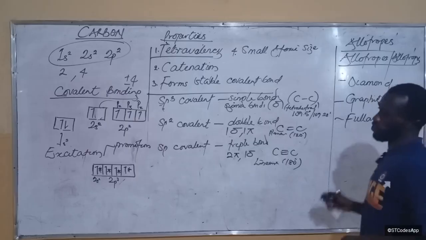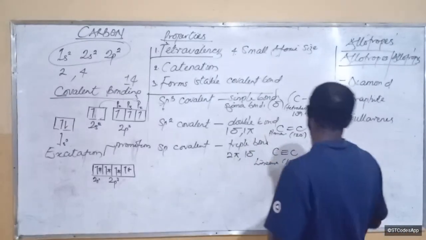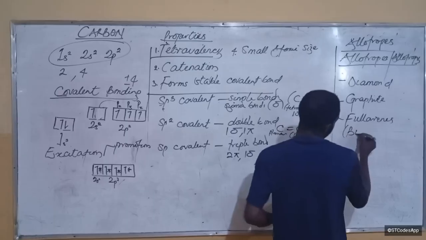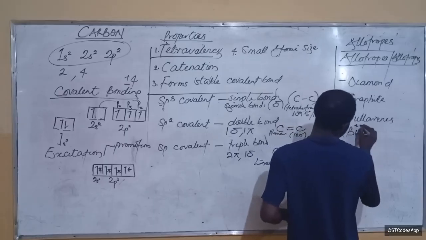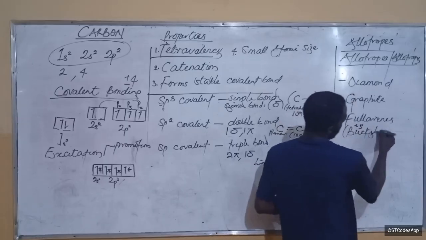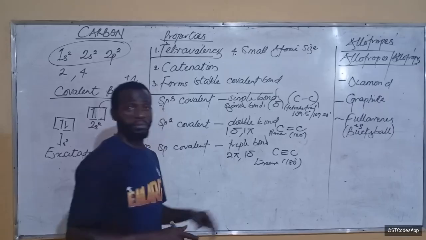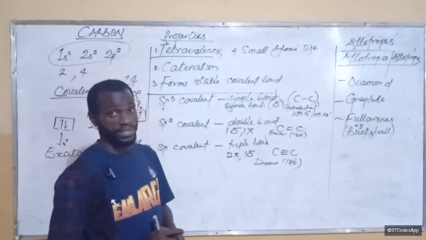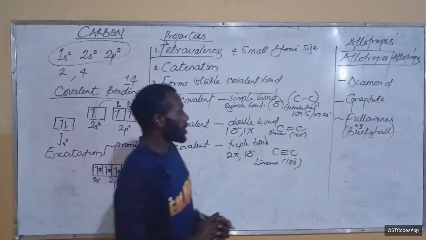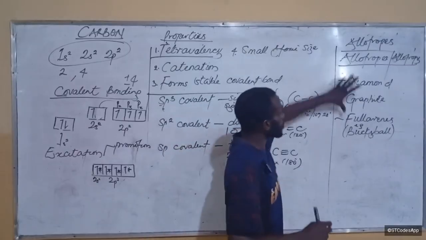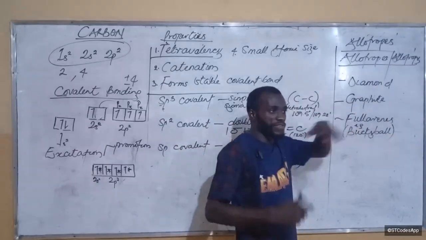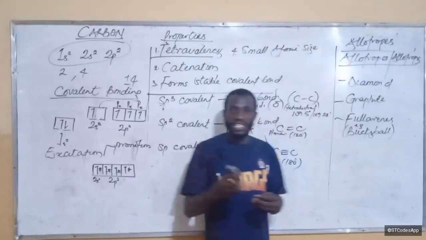I'll be using just one common type of fullerene here, the buckyball. My only example is the buckyball because that's what I know about. Or Buckminster fullerene. So these are the allotropes, the different forms in which carbon exists.